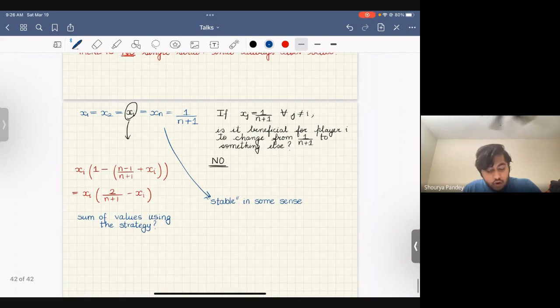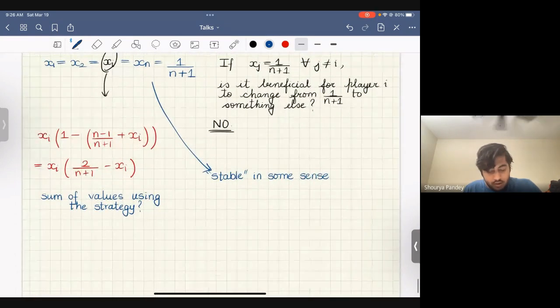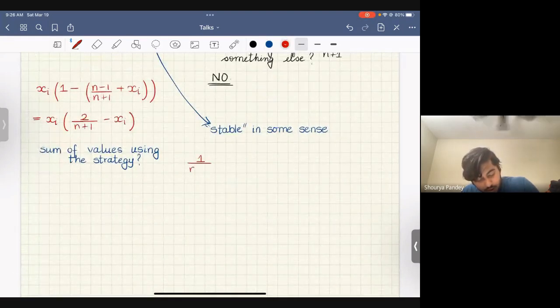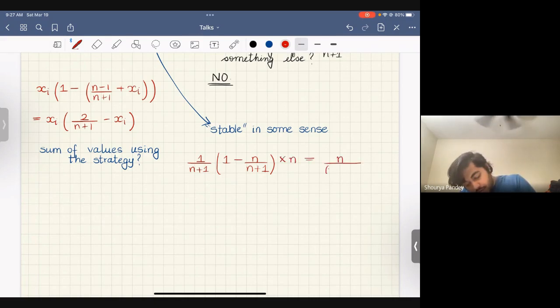What is the value obtained by player 1, or any player rather? It's just 1 over n plus 1 times 1 minus the sum, which is n over n plus 1. So this is the value obtained for each player. And so I'll multiply this with n, so this is n over n plus 1 whole squared.